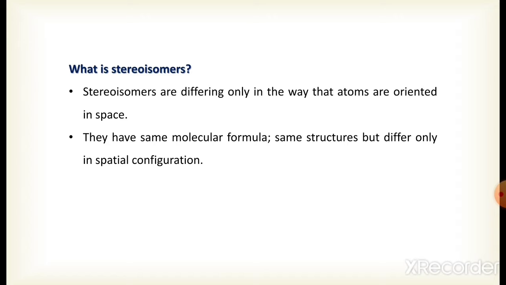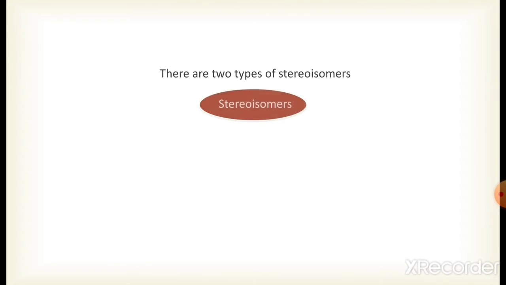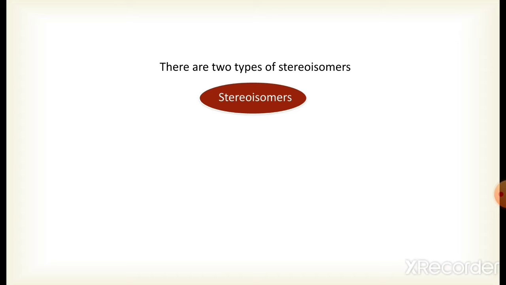Or, stereoisomers have the same molecular formula and sequence of bonded atoms, meaning the constitution of the molecule, but they differ only in the three-dimensional orientation of their atoms in space.